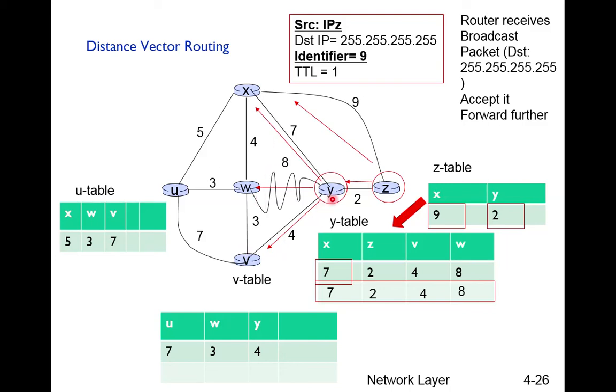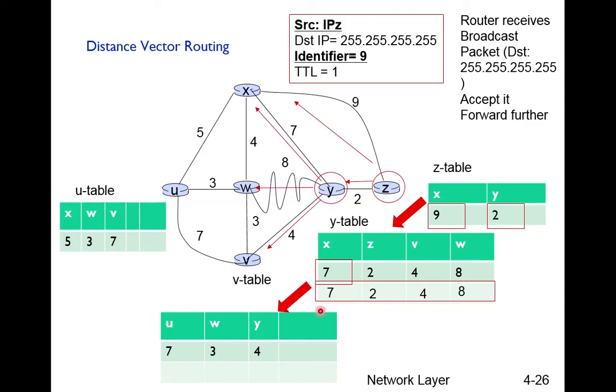Okay, so we are considering that when this information is received by v, what will we do? When this table information is received by v, its destination address is 255, so it means that it is for each and every node, so it will accept it.